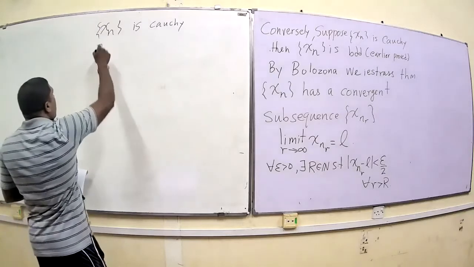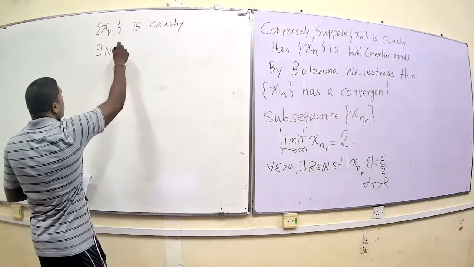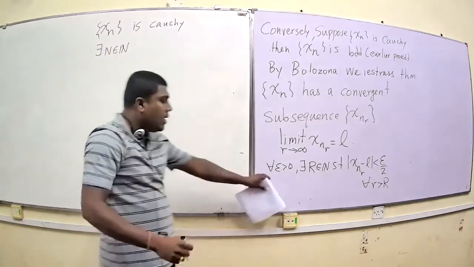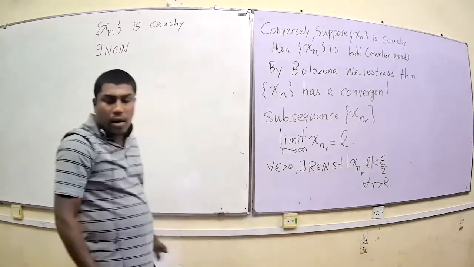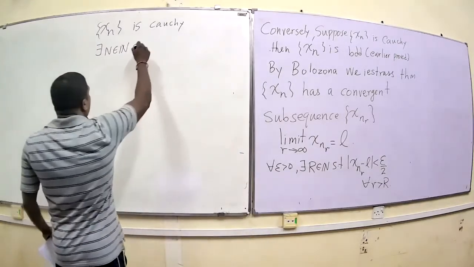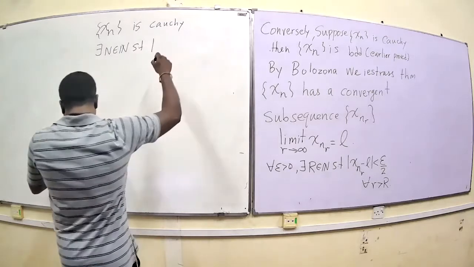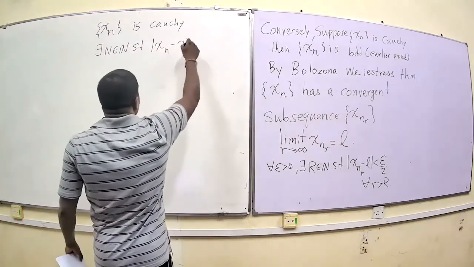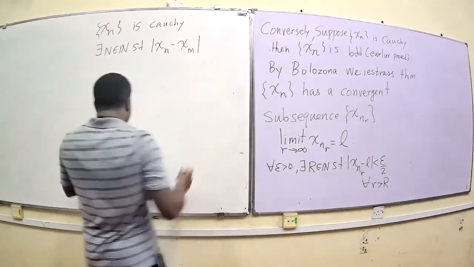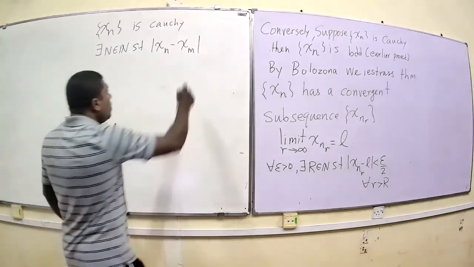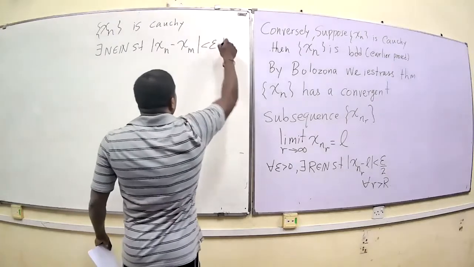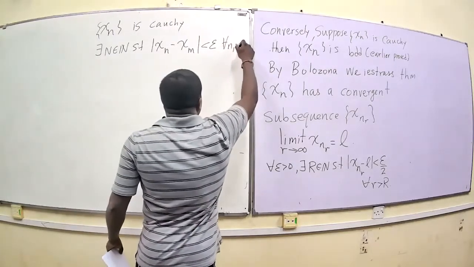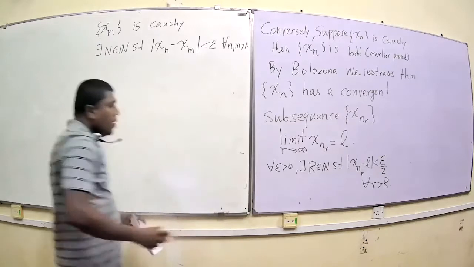You know that there exists capital N belonging to the natural numbers. You know epsilon is here, so you can use the same epsilon, right? Such that |xn minus xm| is less than epsilon over 2 for n, m greater than capital N.